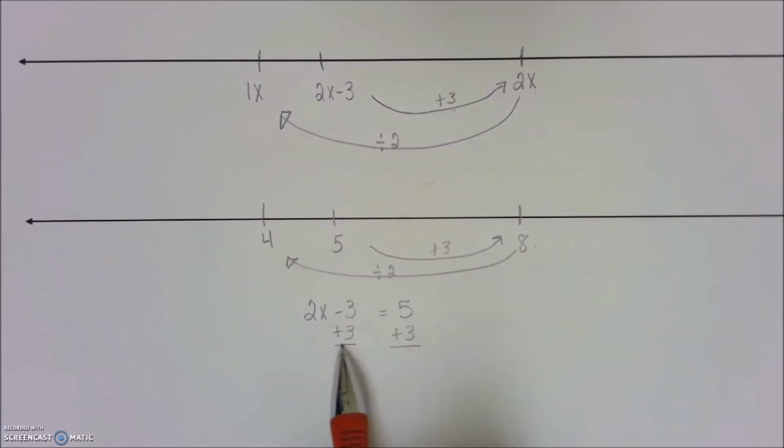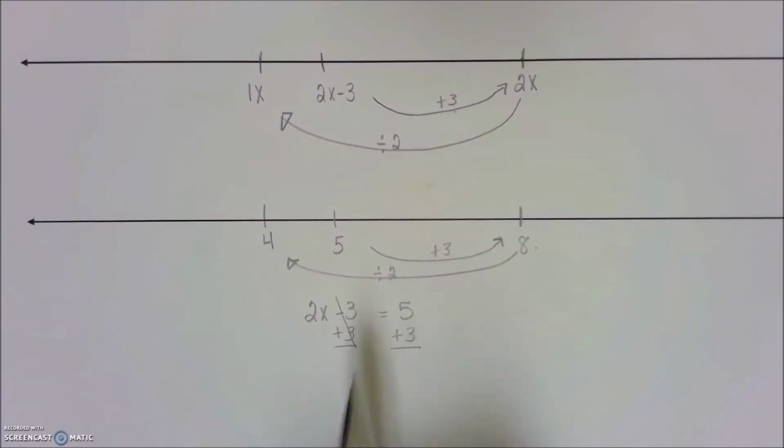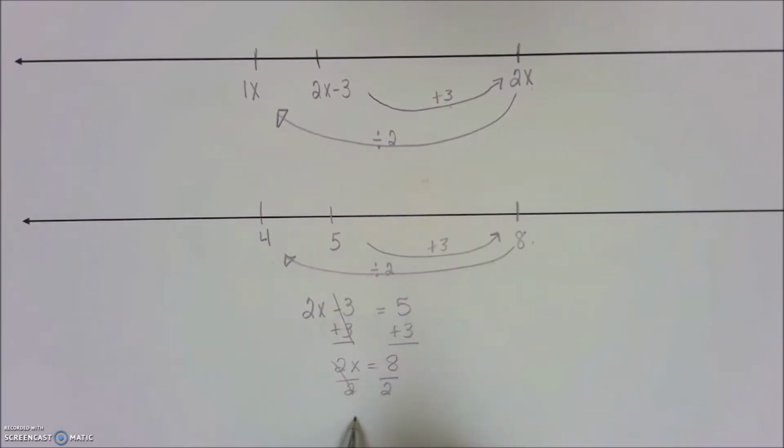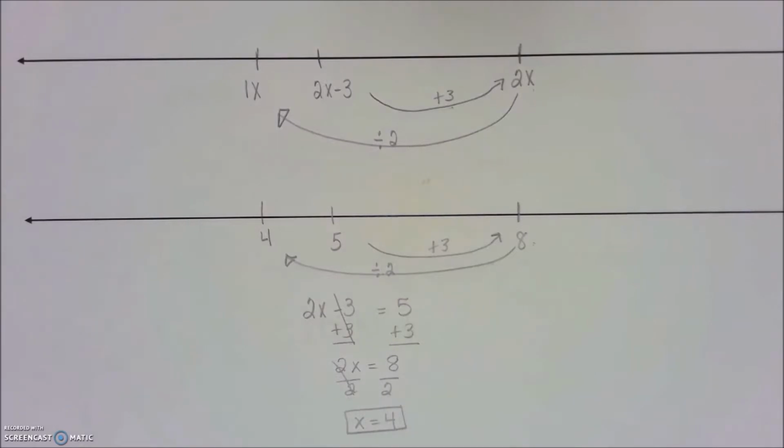Noticing that minus 3 plus 3 are a zero pair, or inverse operations, so they cancel. So 2x is equal to 8. Then we divided by 2 on both number lines, again seeing an inverse operation. So x is equal to 4.